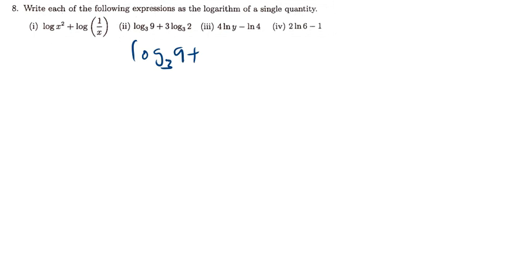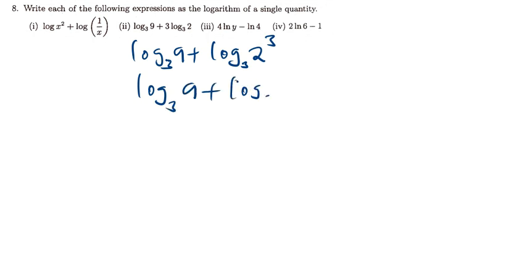The property of log allows us, like we said, if we have log base 3 of 2 to the power 3, we would shift the 3 to the front. But in this case, it's the opposite. We are shifting what is in front to be the power. So it's going to be log base 3 of 2 raised to the power 3. Then it's going to be log base 3 of 9 plus log base 3 of 2 to the power 3, which is 8.